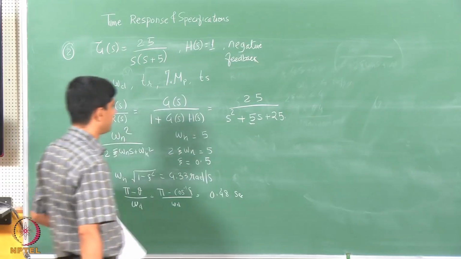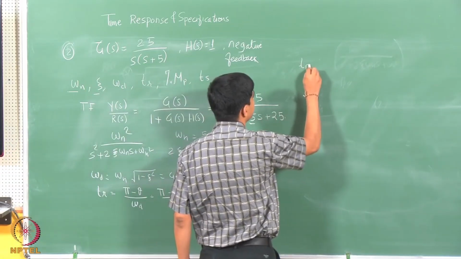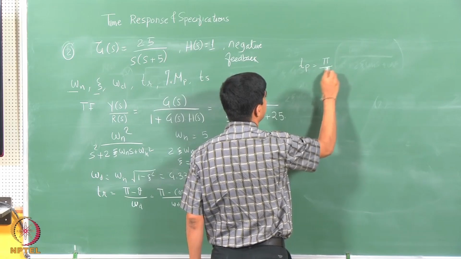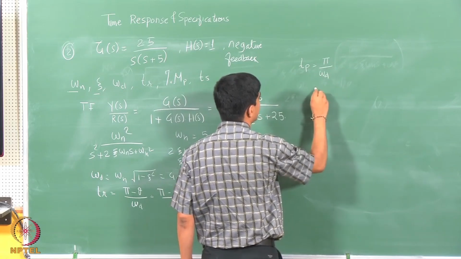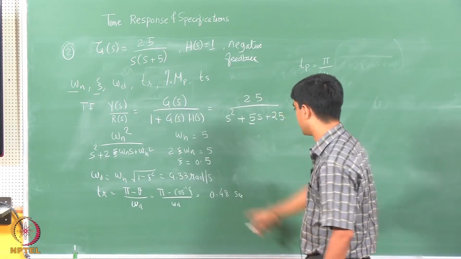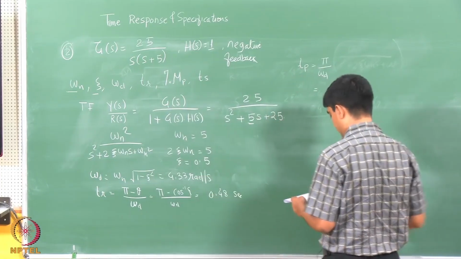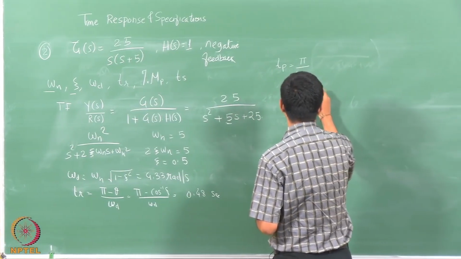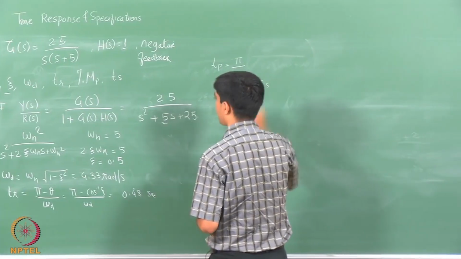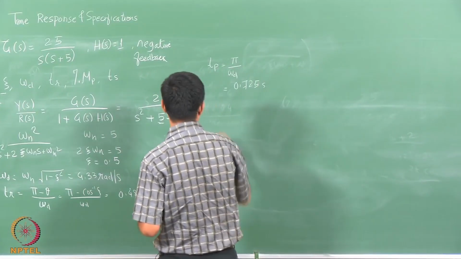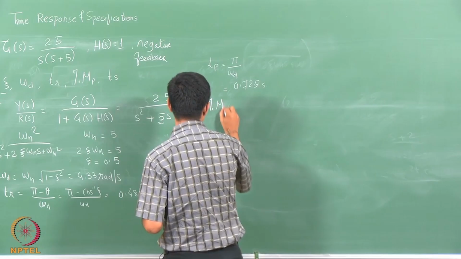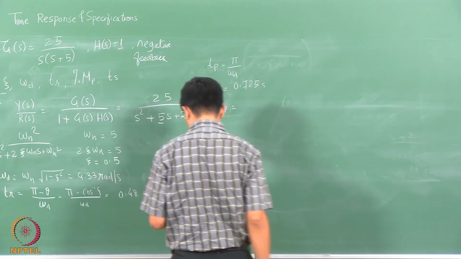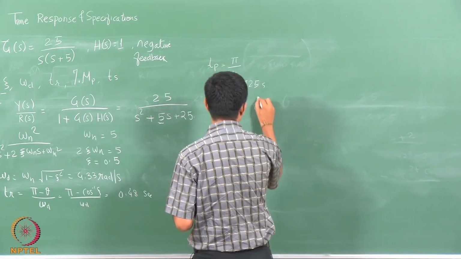The peak time we computed as pi over omega d. So, omega d is over here, and that will just be 0.725 seconds.